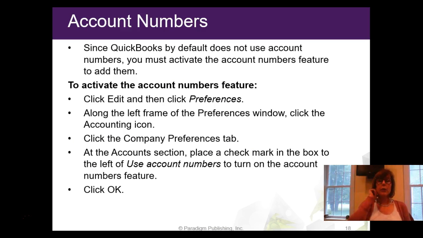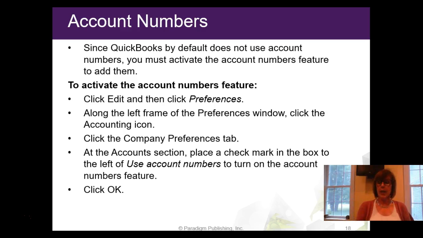Account numbers. Now, hopefully you remember from Accounting 1 that our chart of accounts is a list of accounts, and those accounts not only have names, but they have numbers as well. By default, QuickBooks doesn't use the numbers. That's a feature that you have to activate. And so you would do that within the preferences window.